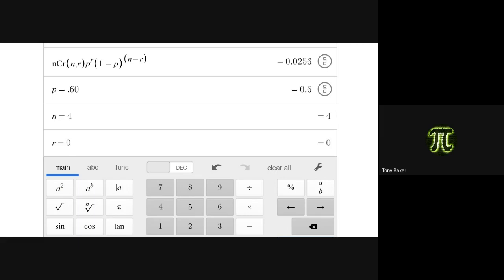It definitely makes life easier. Oh, first I have to hit nCr. And then it's n comma r inside.